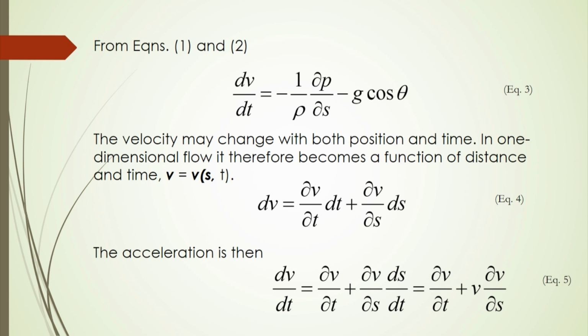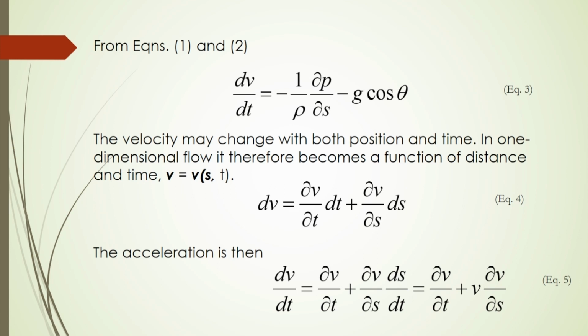So, if we consider dV equal to dou V by dou t into dt plus dou V by dou S into ds, then this will be your velocity increment with respect to distance and time. The acceleration will then be calculated from this equation number 4 by dividing by dt. So dV by dt equals dou V by dou t into dt, where dt cancels out, plus dou V by dou S into ds by dt, which equals dou V by dou t plus ds by dt.